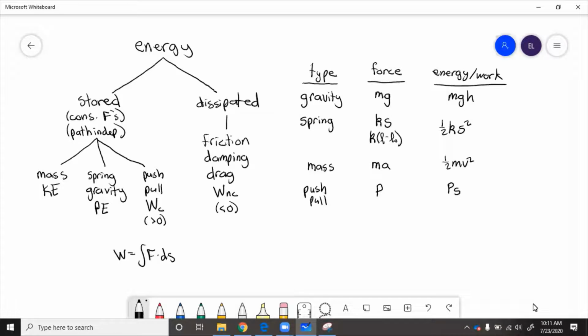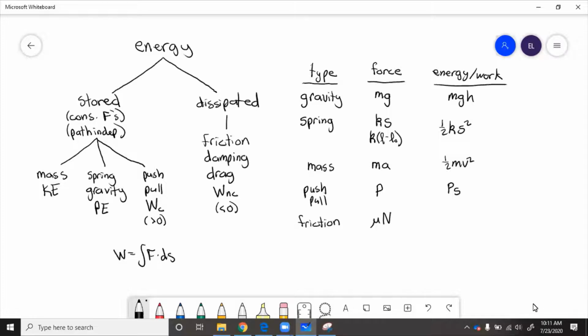And then finally with friction, we know the friction force is going to be the coefficient times the normal force. And for work that's done by friction, the dissipated work, you'll always use the kinetic friction, because the object has to be moving across a distance for the dissipation to happen.